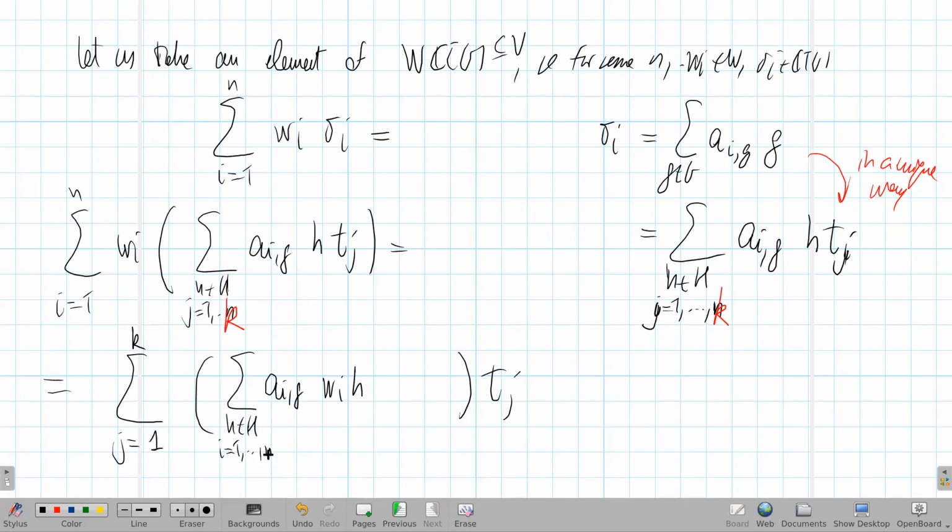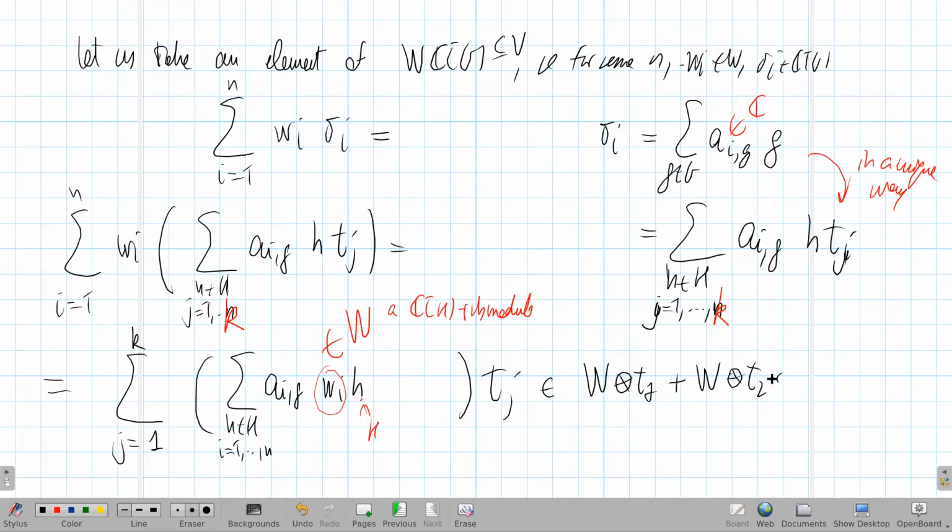Note that these elements are in W, because W, remember, is a CH submodule. So if you take an element of W multiplied by an element of H, and these are complex numbers, then you're still in W. So this element is in the following object: W times T1, which is 1, but doesn't matter, plus W times T2, and so on.